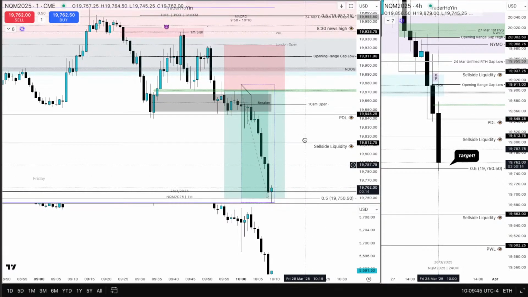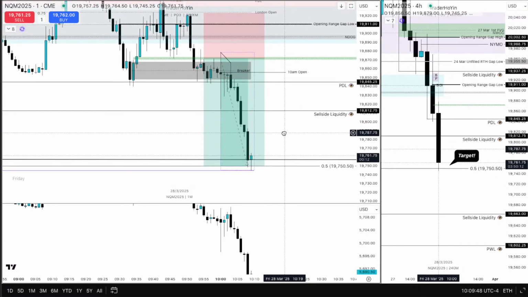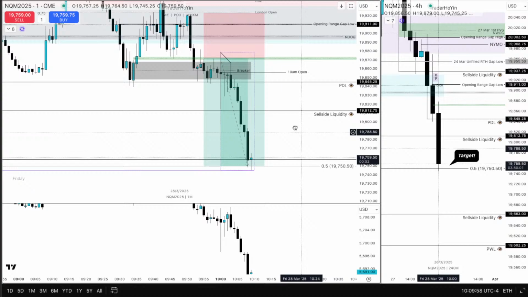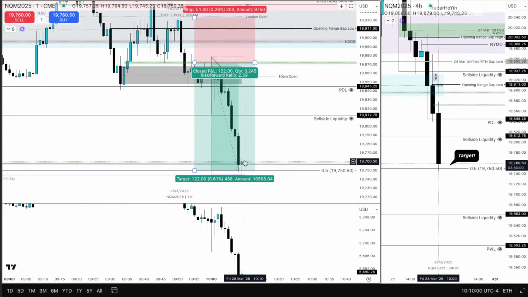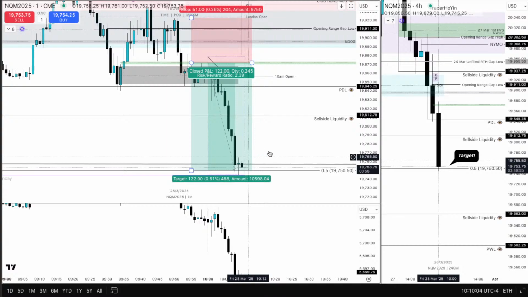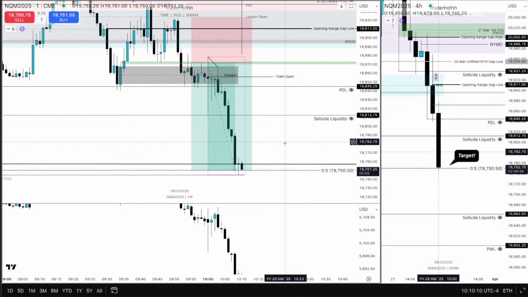Now target is reached. We will need to see how price is going to react here. Is it going to pull a reversal here? It can. You need to wait for this lower time frame, perhaps a 3-minute or 5-minute change in state of delivery with a fair value gap and inversion for price to get support.